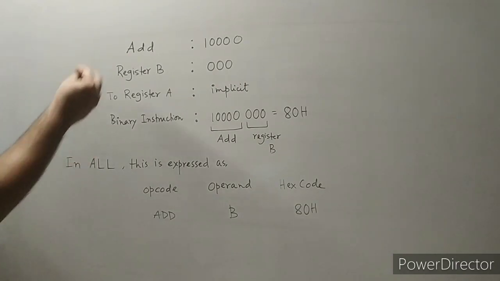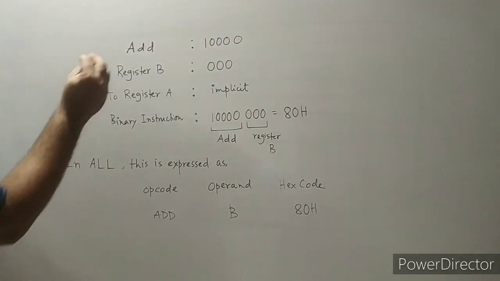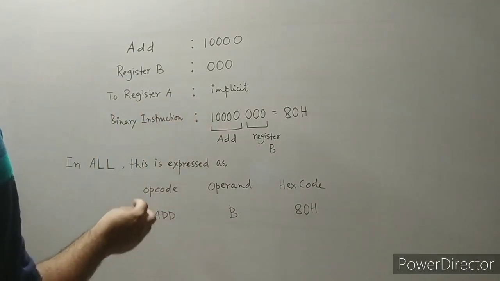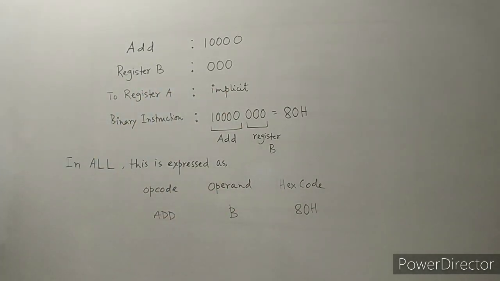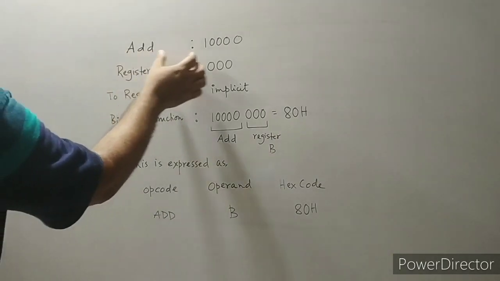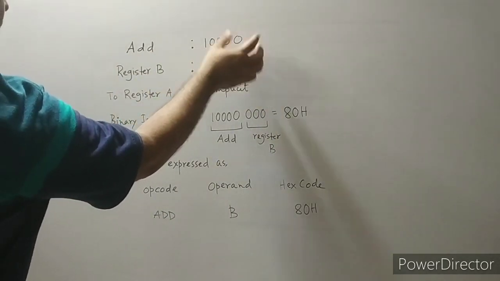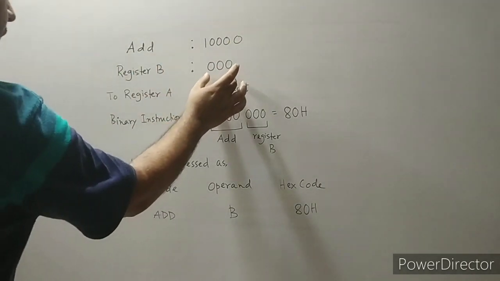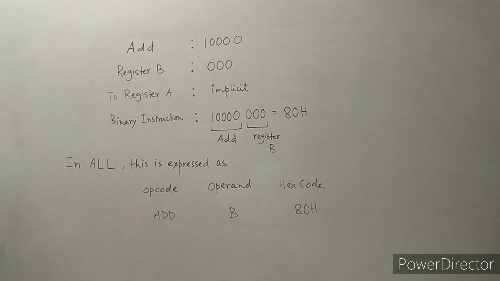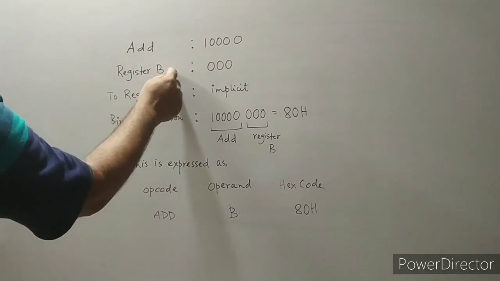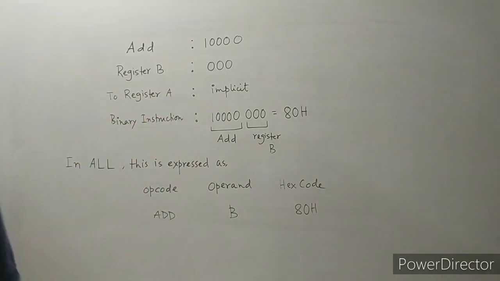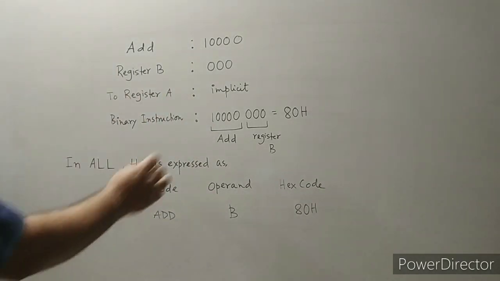This instruction is completed by adding the code of the register. For example, we want to add to the accumulator the contents of register B, whose code is 000. Obviously the result of adding register B will go to register A, the accumulator. It is implicit.